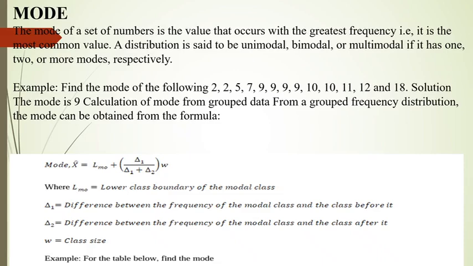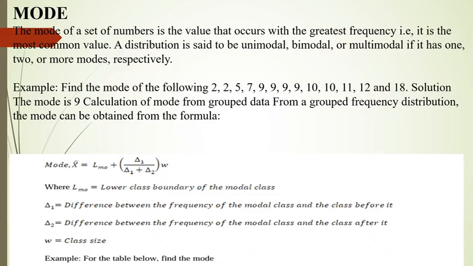Then let's go to the mode. The mode of a set of numbers is the value that occurs with the greatest frequency. It is the most common value. A distribution is said to be unimodal, bimodal, or multimodal if it has 1, 2, or more modes respectively. Here is the example given in the study material.